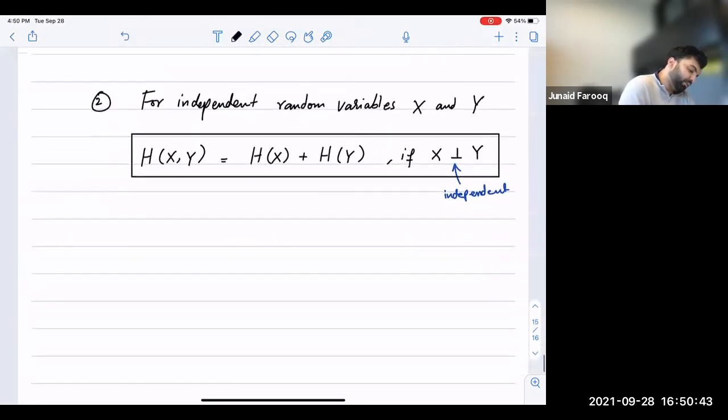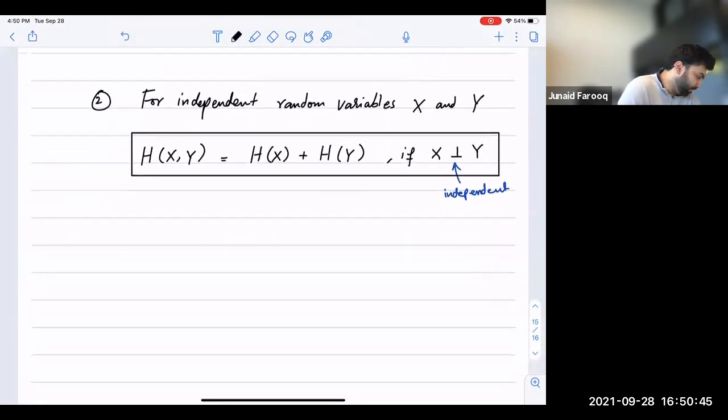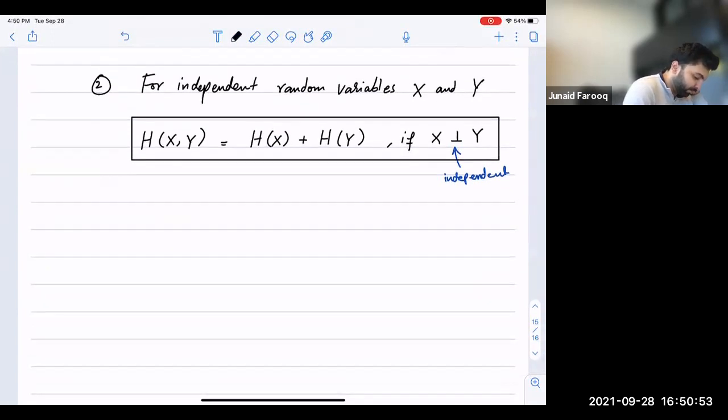And from this result, it follows that if x and y are independent, then conditioning actually does not help. So h of x given y is actually equal to h of x if x is independent of y.